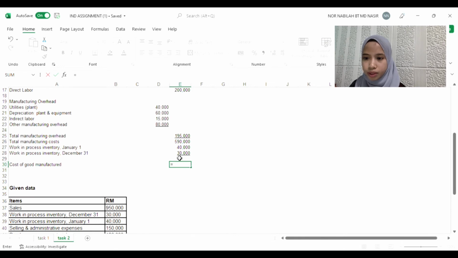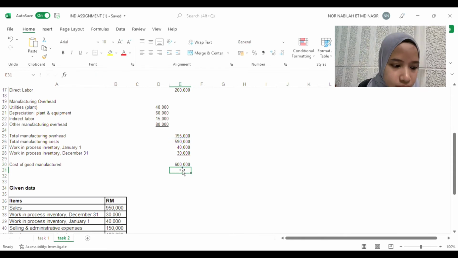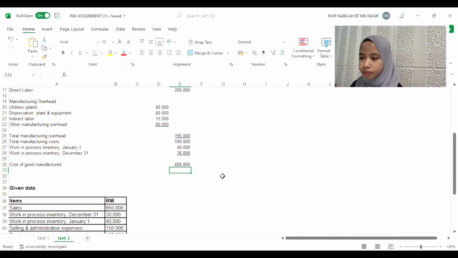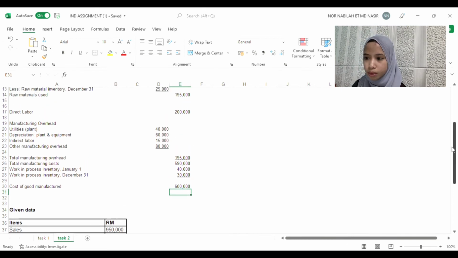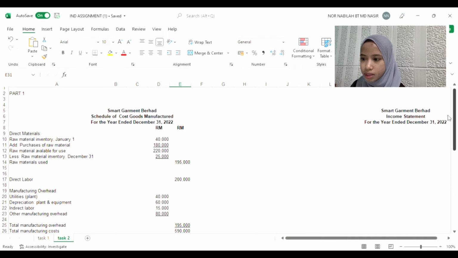And cost of goods manufactured is total manufacturing cost plus work in process inventory January 1, minus work in process inventory December 31, and the total is 600,000.